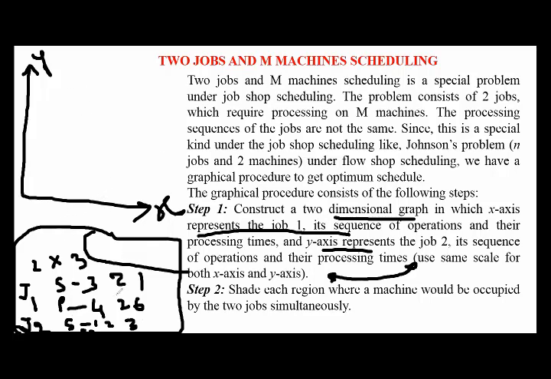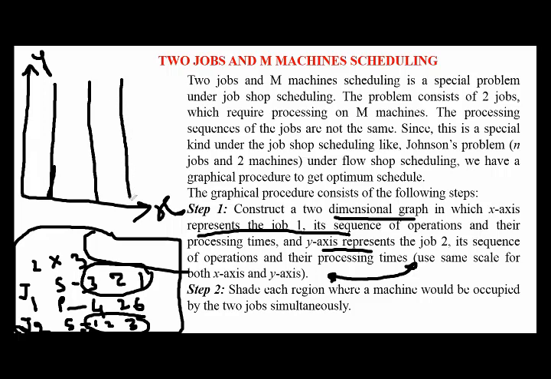In the x-axis, we take the sequence of job 1. In the y-axis, we take the sequence of job 2. After taking the sequence, we draw vertical lines for process times, that is the starting time and end time of job 1. We mark them with the help of these lines. Coming to the y-axis, we mark the start time and end time of job 2 based on the sequence.